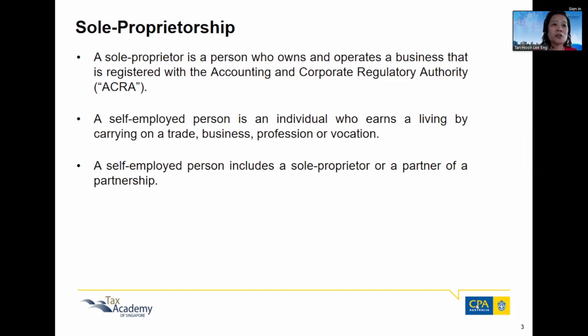A sole proprietor is a self-employed person. There are other self-employed persons who carry on a profession or vocation. So they're basically independent, like an independent commission agent. We have lawyers, doctors who are not under employment but doing their own practice. So they're all classified as self-employed persons.